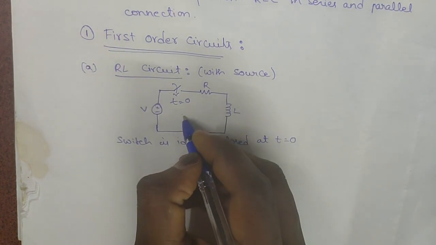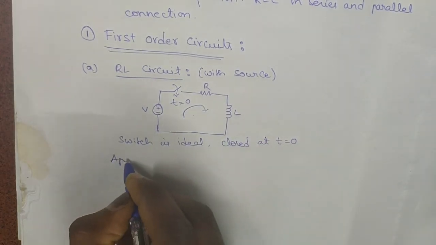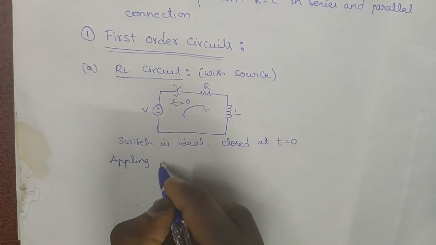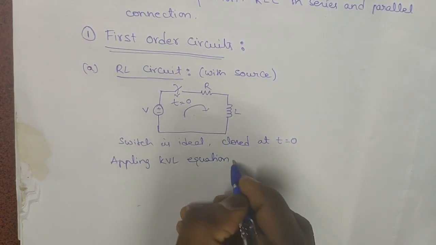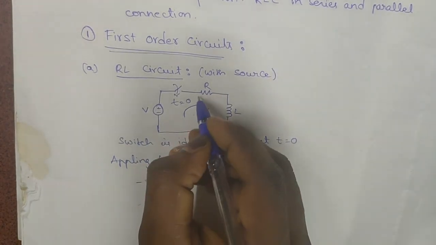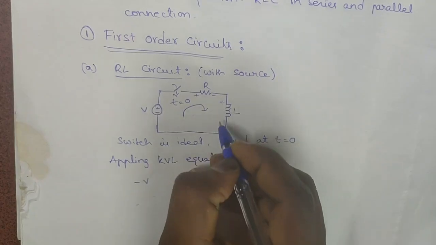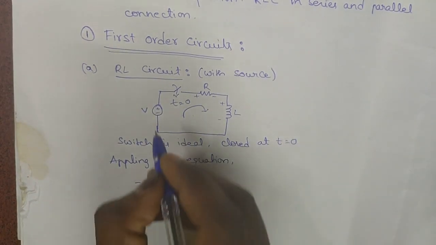So now applying KVL here. Minus V, the current direction is this way, and the voltage polarities are given here.